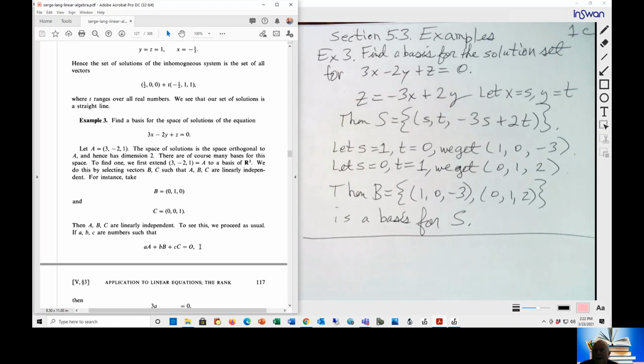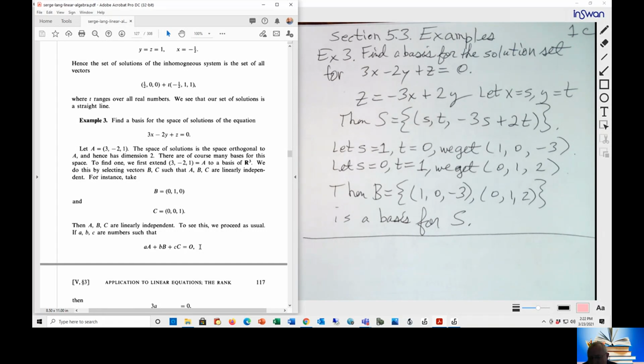Now, to find two basis vectors, here's what I do. This is not unique. You can choose other numbers, but this is the most elementary basis that you can find. When you have two parameters like s and t, first let s equal 1 and t equal 0, and then second, let s equal 0 and t equal 1.